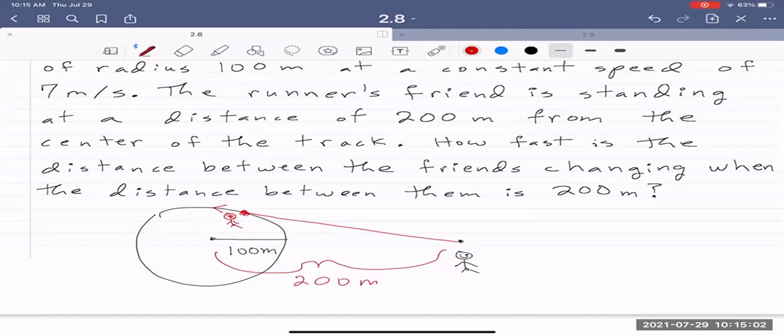So either you could be running away from them, or if you're 200 meters, so this is also 200 meters, or you could be over here, in which case you're going along the track that way. And so you could either be coming towards your friend or away from your friend.